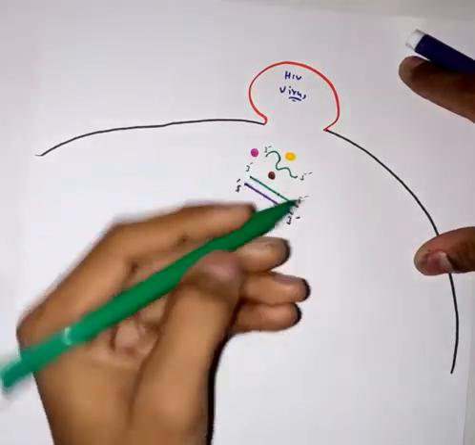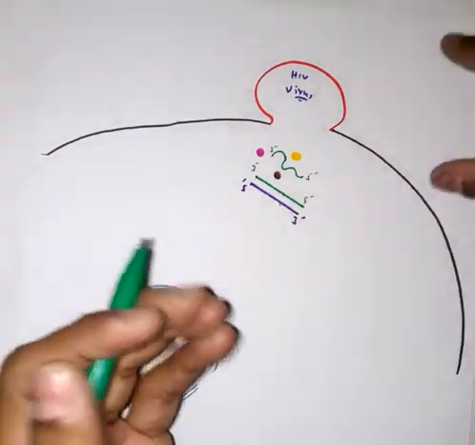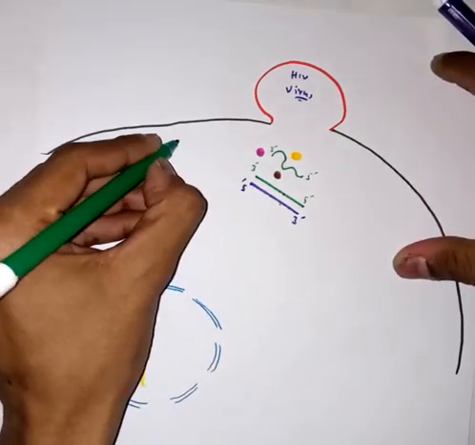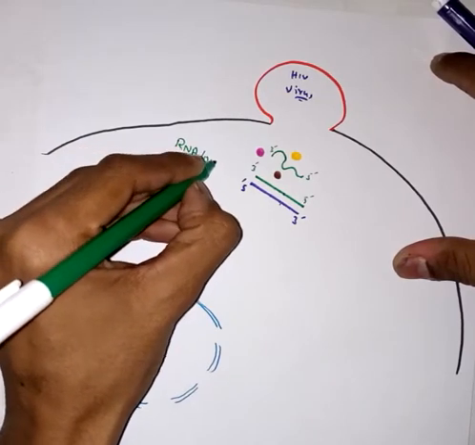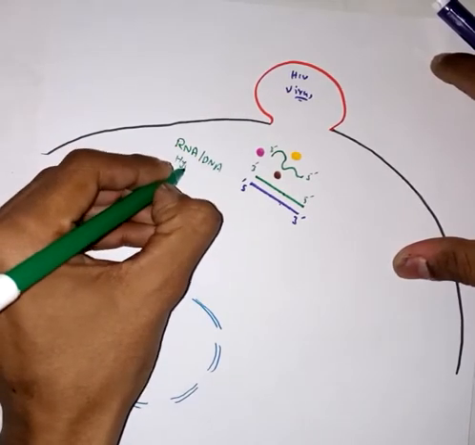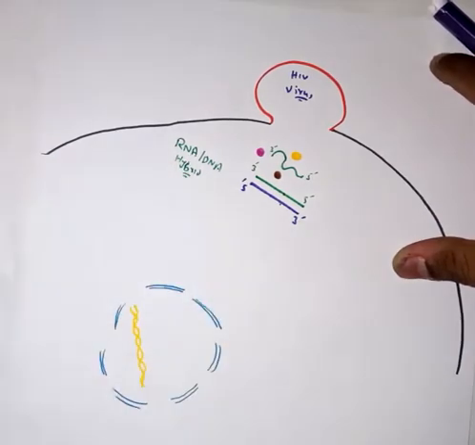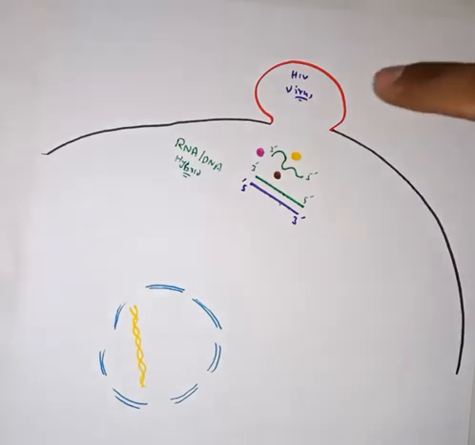Okay. But the difference between an RNA strand and a DNA strand is just on the basis of nucleotide. Okay. This is the RNA DNA hybrid. And this RNA DNA hybrid has been formed by which enzyme? Yes, the reverse transcriptase enzyme. Okay.